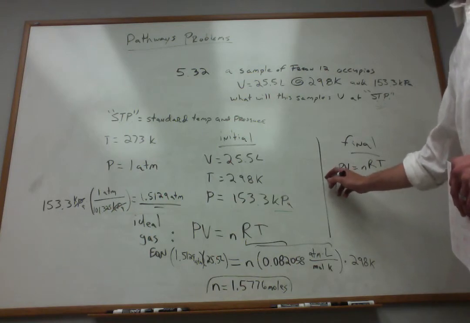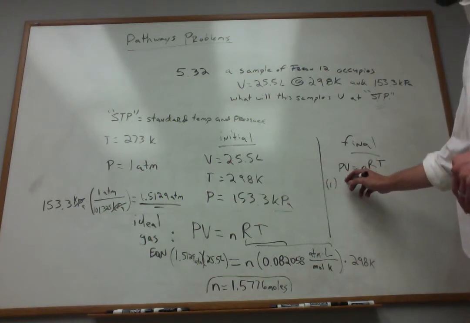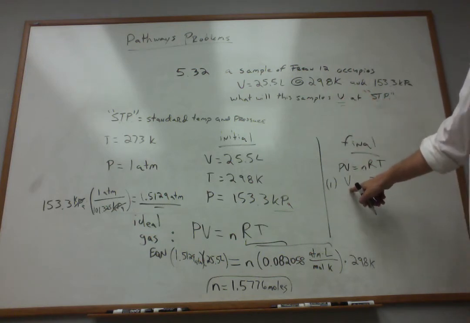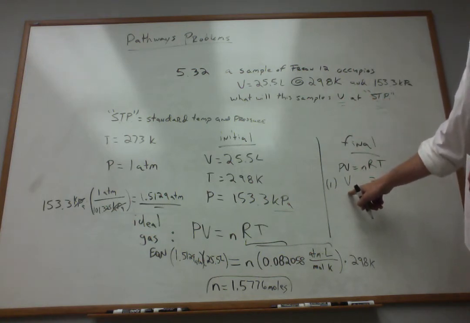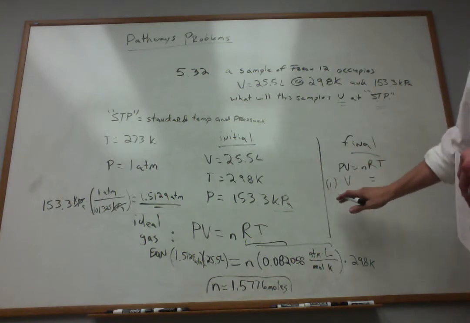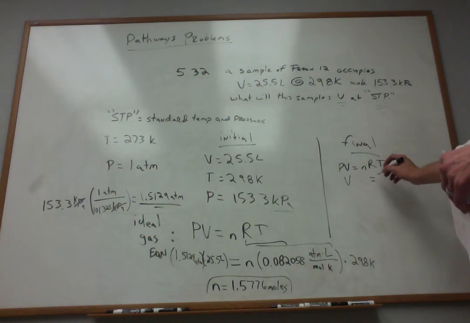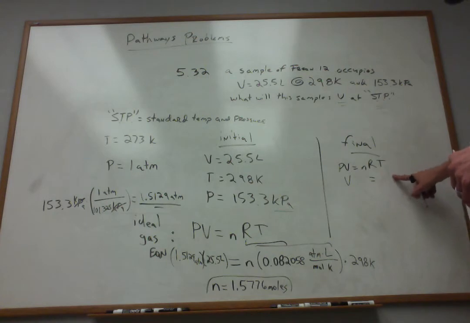It's 1 atmosphere. Now, in this problem, I believe I'm trying to figure out what the sample volume is at this condition. So that's going to be my unknown. So 1 times V, 1 times anything is just that variable. So V is equal to nRT for my purposes here in this particular problem.